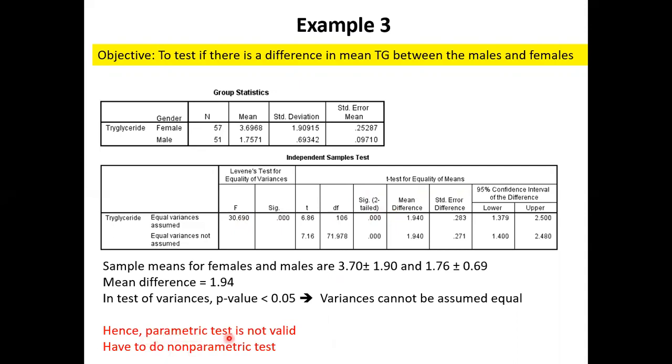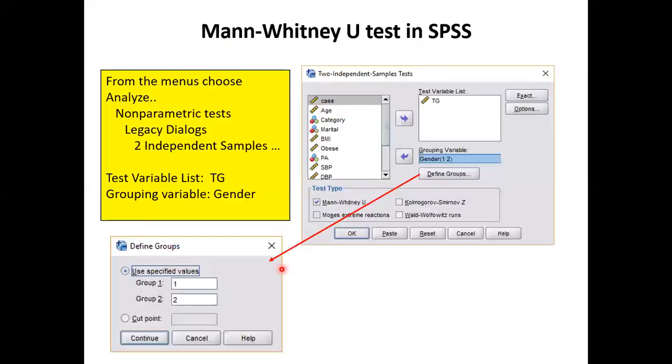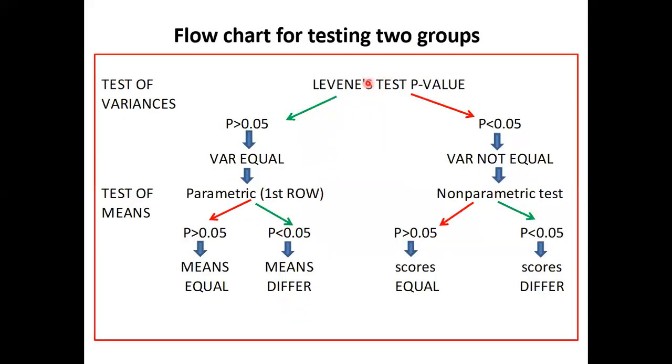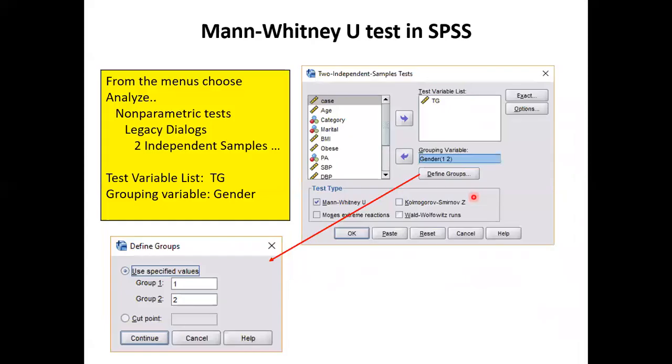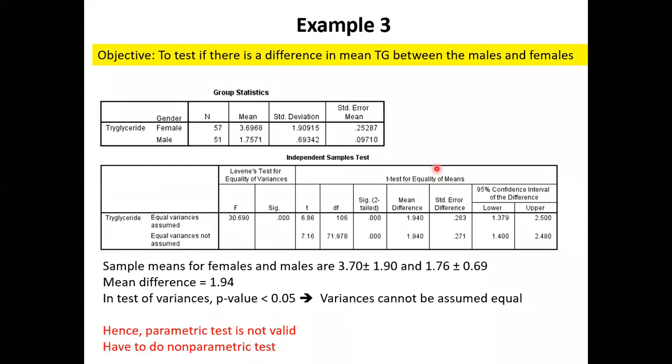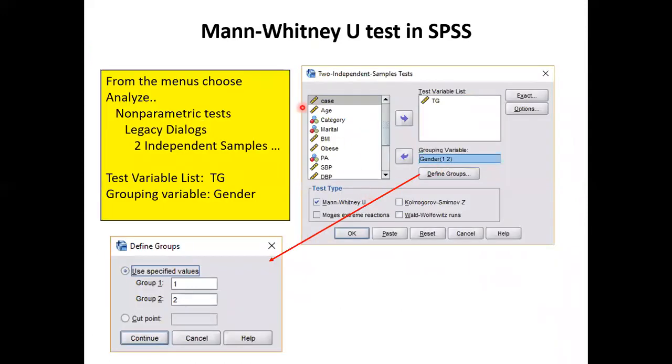Parametric is not valid. Why? Variances not equal. Right? So, in our path diagram, if the p-value is less than 0.05, variance not equal, then you go to non-parametric test. Let's say that's our testing. We call this non-parametric.